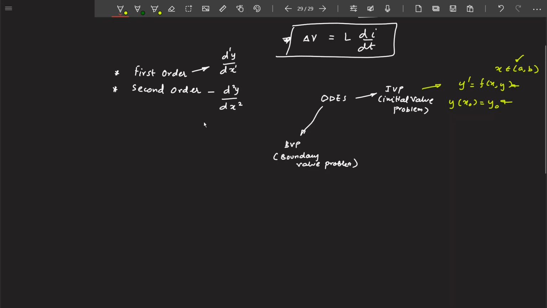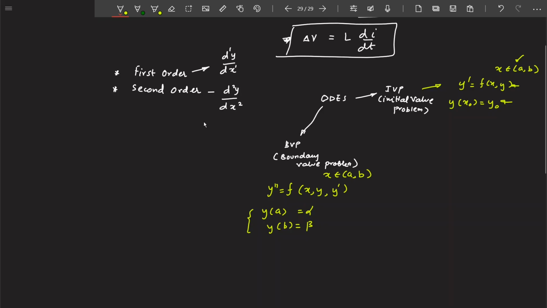Similarly, if I want to write down a boundary value problem mathematically, this is going to be y double dash as a function of x, y, y dash, where the x domain is from a to b, and two boundary conditions are given, one at each end. So this is known as your boundary value problem.